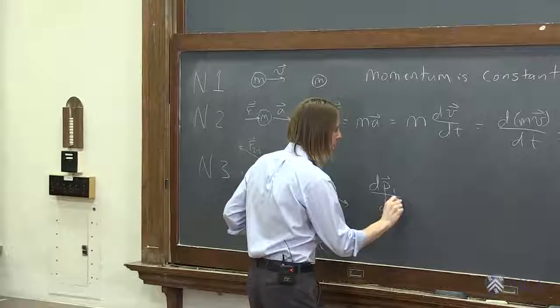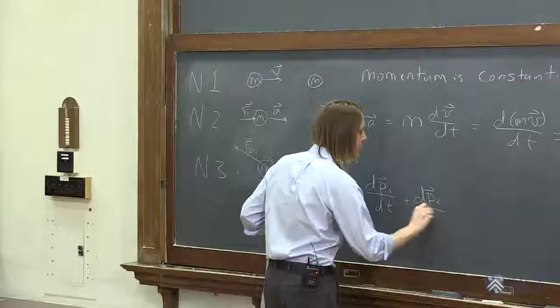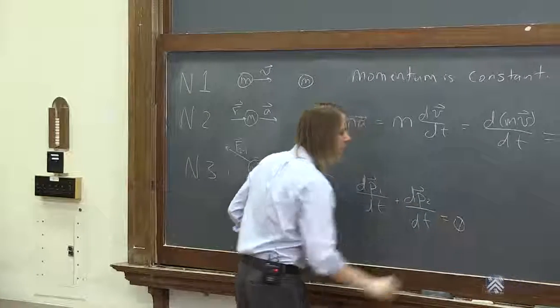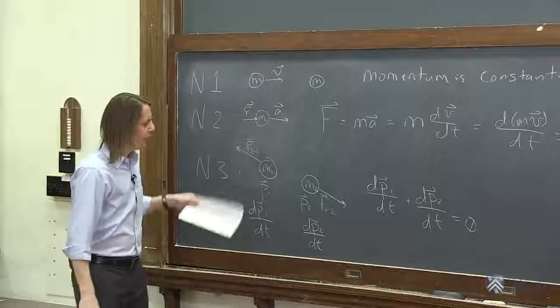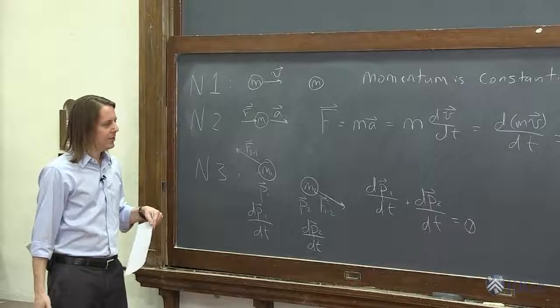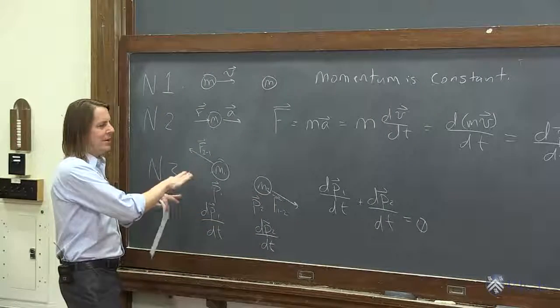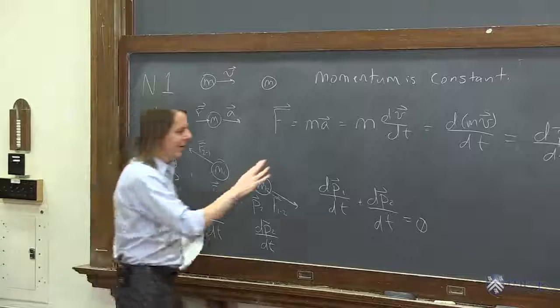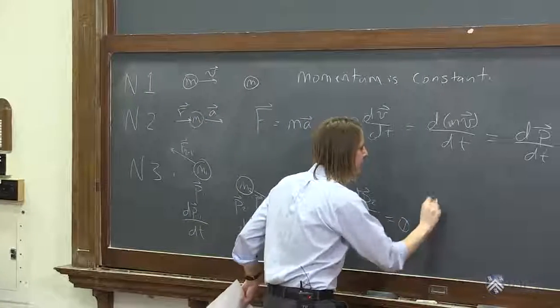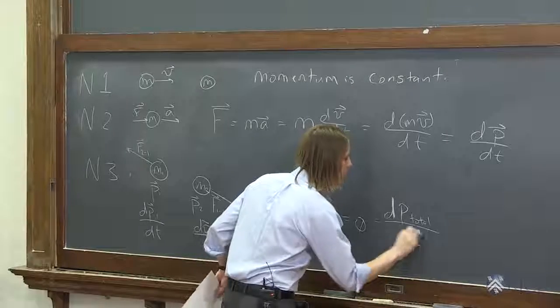dp1/dt plus dp2/dt equals 0, because the sum of the two forces is equal to 0. If that's equal to 0, what is the momentum of this one plus the momentum of that one? It's the momentum of the whole system. This must also be equal to dp_total/dt.